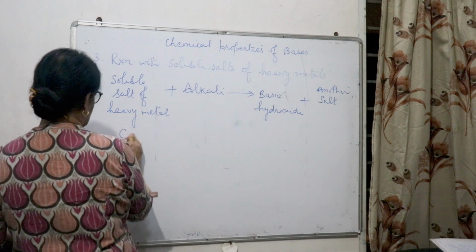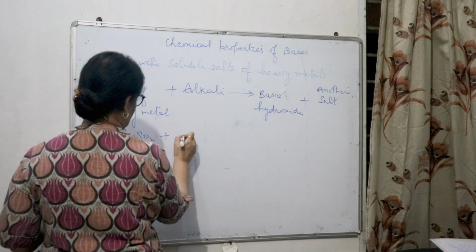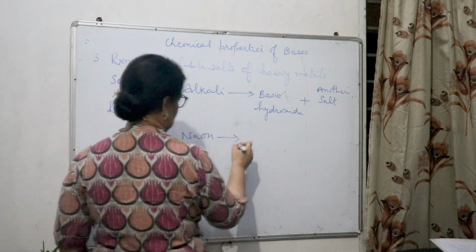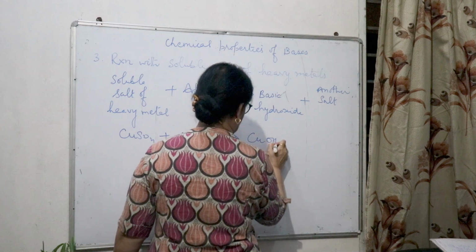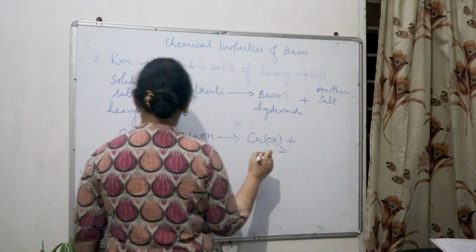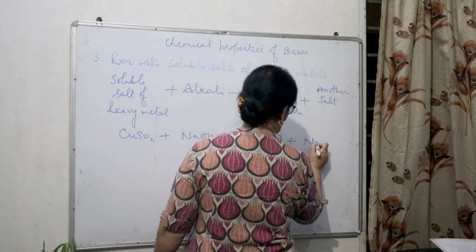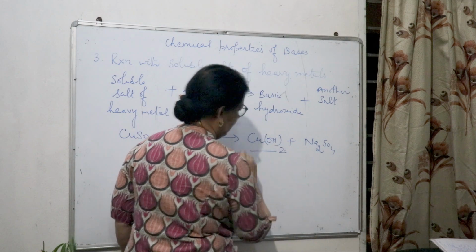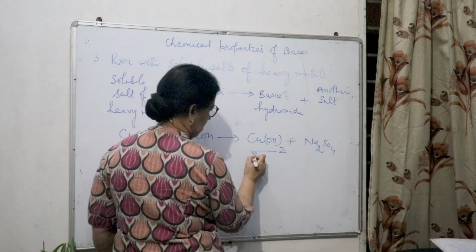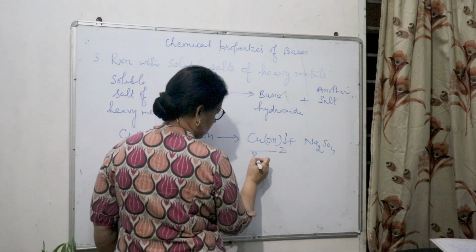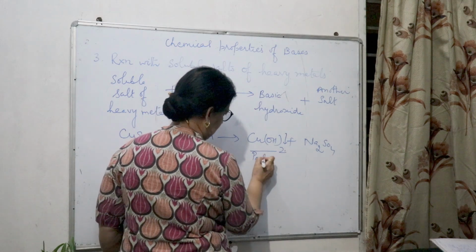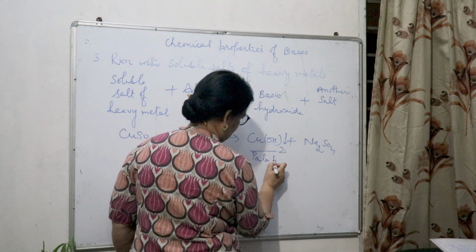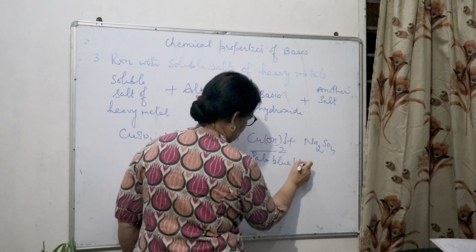Salt of heavy metal, that is copper sulfate, plus alkali, that is NaOH, gives Cu(OH)2, basic hydroxide, plus salt, that is Na2SO4. And this copper hydroxide is an insoluble solid. Precipitates are formed, and the color of the precipitate is pale blue PPT.